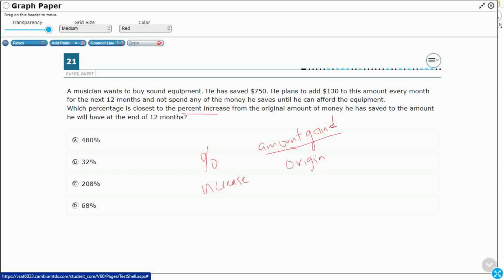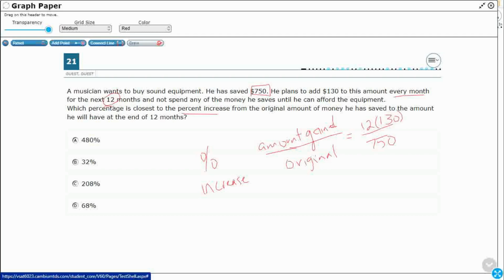The original amount is $750, so that's our starting amount. Now, what did he gain? He gained $130 every month for 12 months, so 12 sets of 130. That's how we're going to figure out our percent increase.